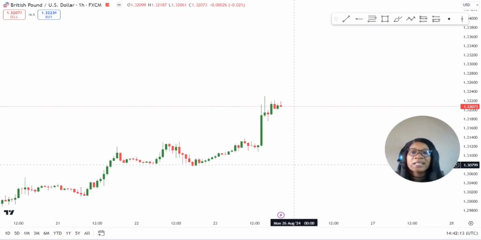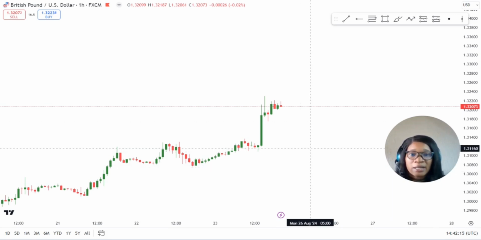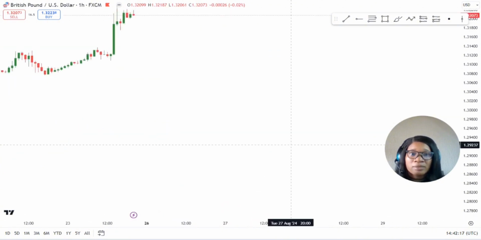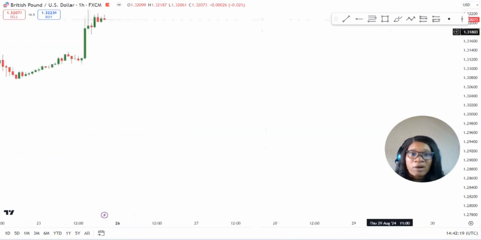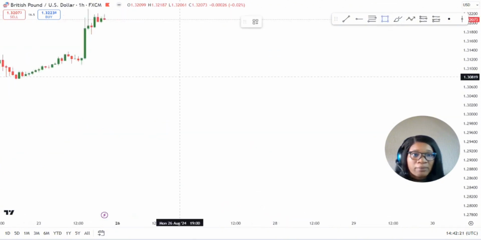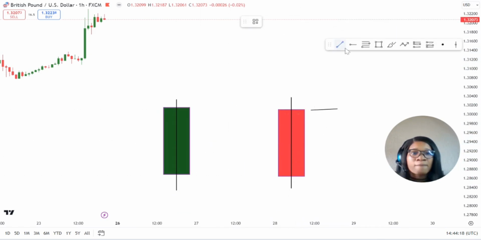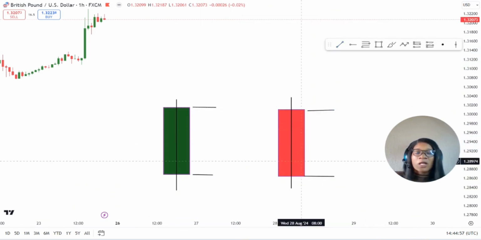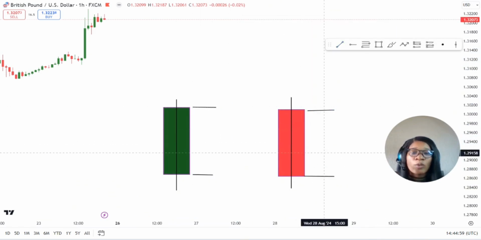Okay, so let's take an example. Maybe I will have to fast forward this so that it doesn't waste your time. Okay, so whenever you see any candlestick on any time frame, examine it properly. There are four price points that are very important in every candlestick.